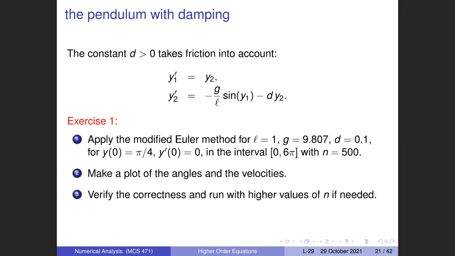Here we have the negative, so the acceleration actually decreases. That's what the damping means. So run the code in the posted Jupyter notebook, make the plots, and verify the correctness.